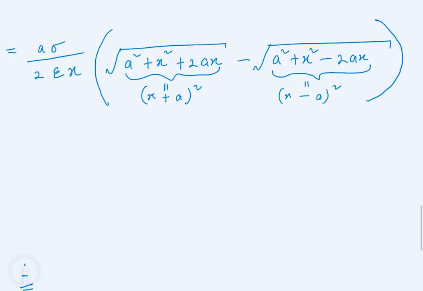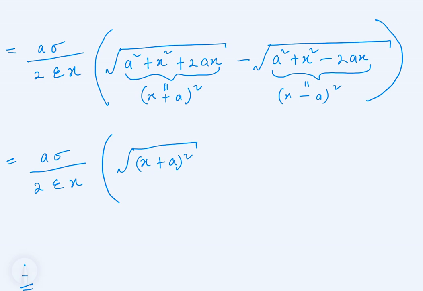So then we have that this is equal to a sigma over 2 epsilon x into the bracket over here. Now in the bracket we replace what's under the square root sign with x plus a squared, minus the square root of x minus a squared.